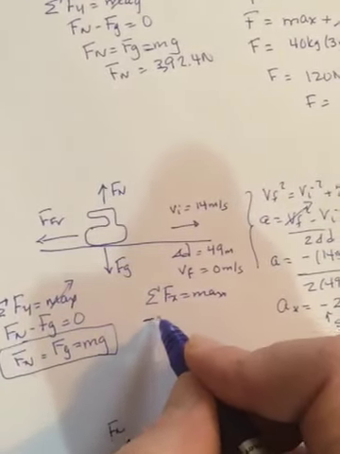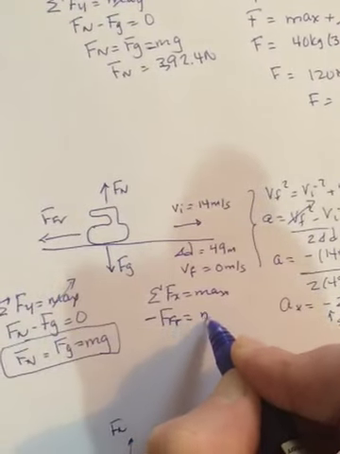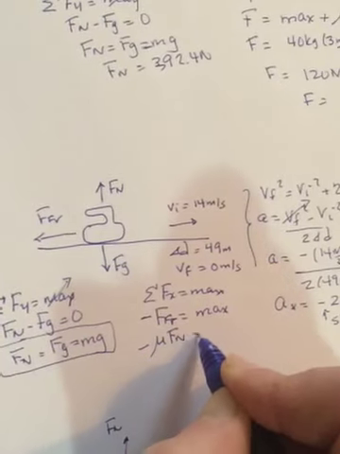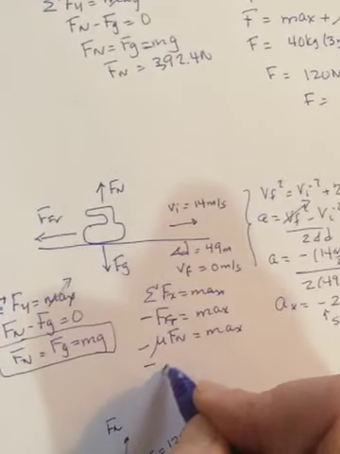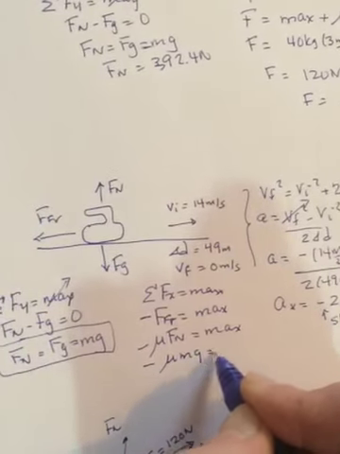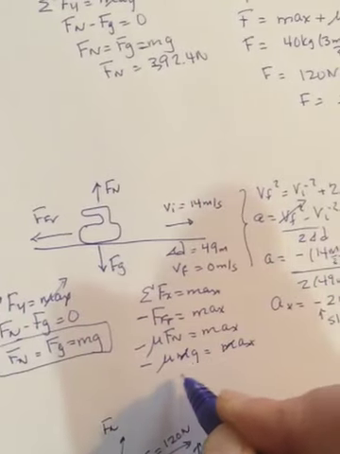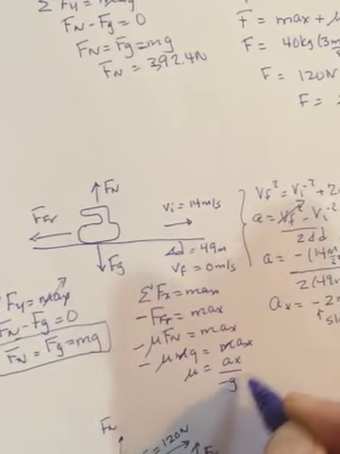So if we go to some of the forces in the x direction, the only one is friction, and it's acting backward. So minus friction is equal to max. But friction is just mu Fn equal to max. And Fn is just mg. So minus mu mg is equal to max. The m's cancel. Mu will be equal to ax divided by negative g.